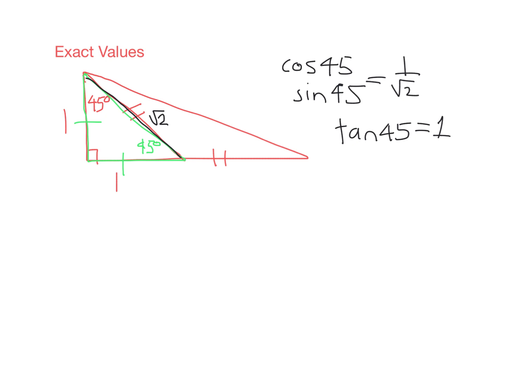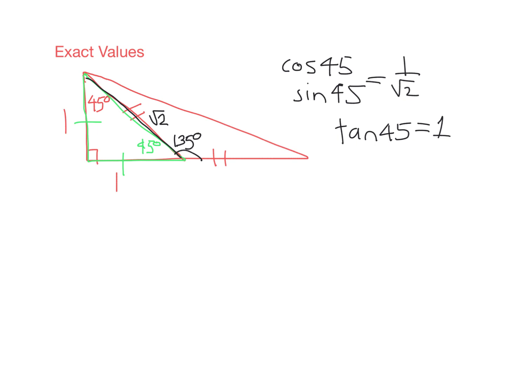Now we can also extend this triangle to make a larger triangle such that this one is isosceles, and we can actually use this to calculate the exact values of sine, cos and tan of 22.5 degrees. See, the thing is, if this angle is 45, this angle here has to be 135 degrees. They're supplementary. Now, because we made this triangle isosceles by construction, these two angles must be equal.